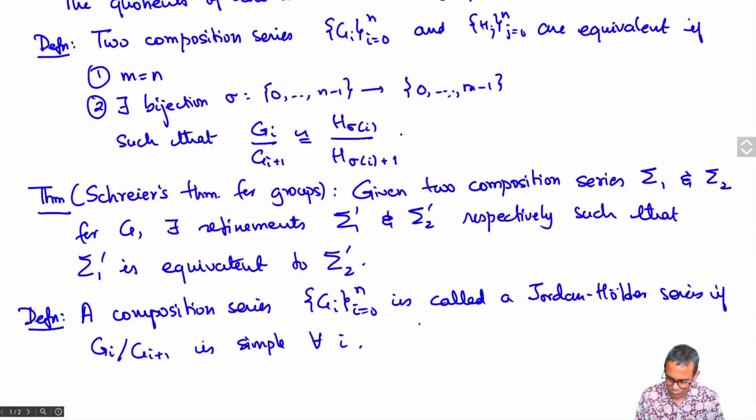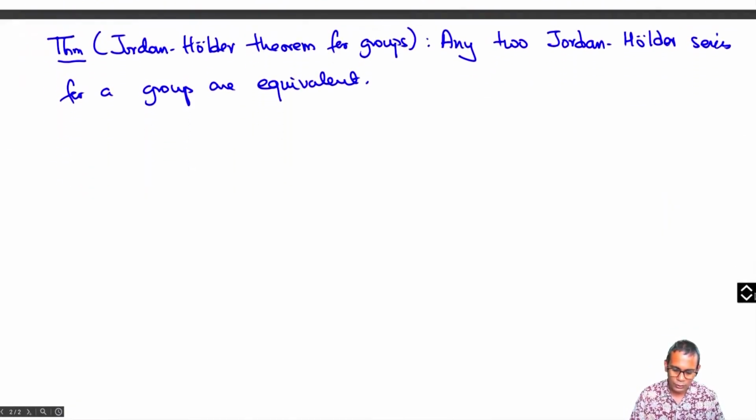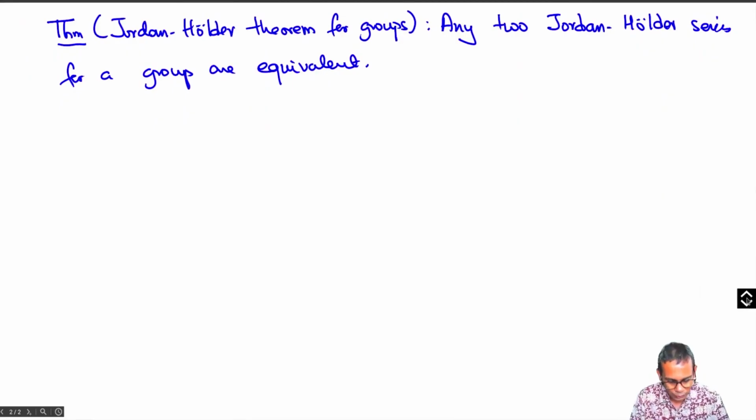So it's called Jordan-Holder if the G_i's are distinct and you cannot further refine this composition series by inserting new terms in between. And so just like before, these are composition series which do not admit strict refinements. And so now the Jordan-Holder theorem says that any two Jordan-Holder series for a group are equivalent.